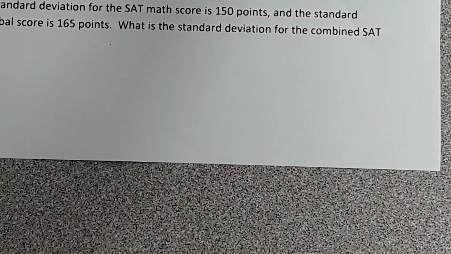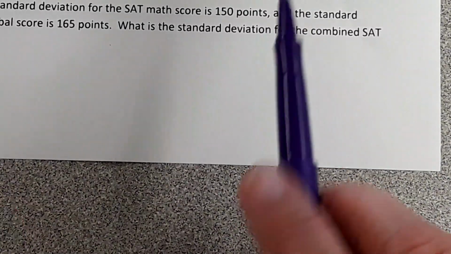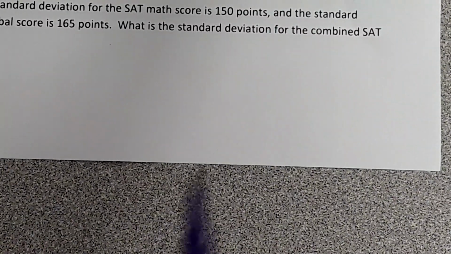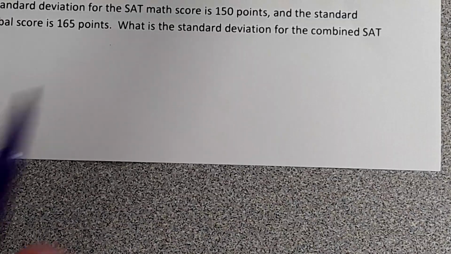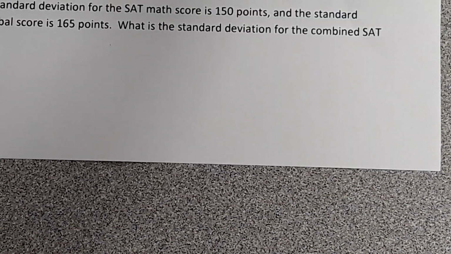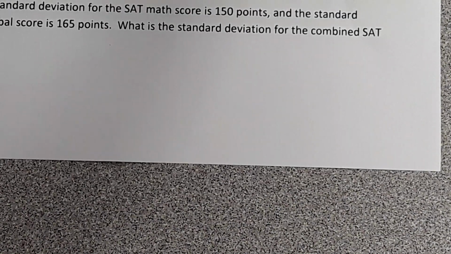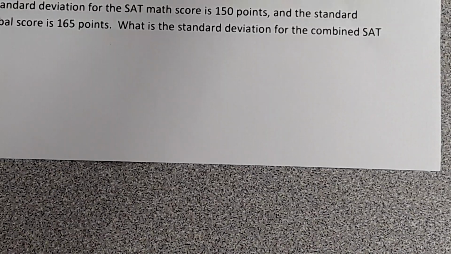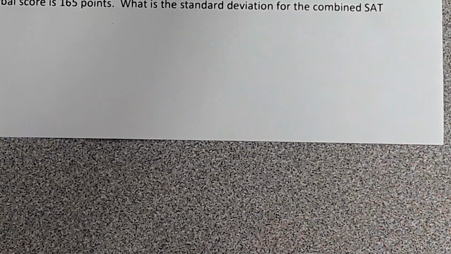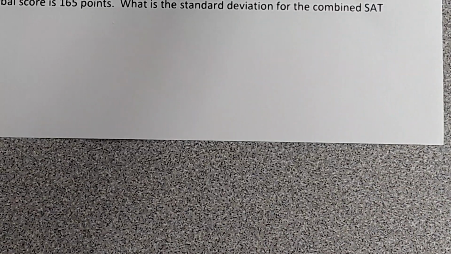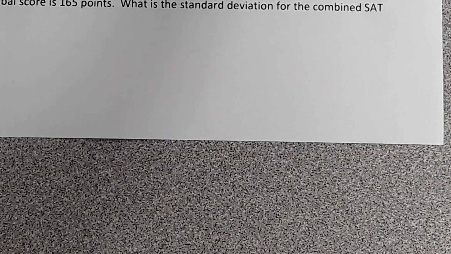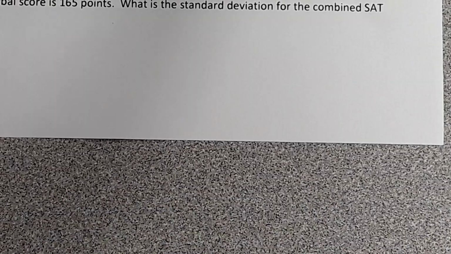So suppose that the standard deviation for the SAT math score is 150 points, and the standard deviation of the SAT verbal is 165. What is the standard deviation for the combined scores? You guys, if they ever ask you this question and it's a continuous random variable, you have to add the variances together to get the new one.